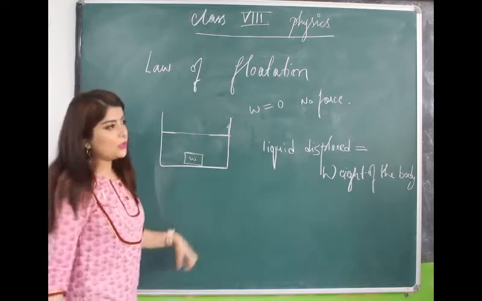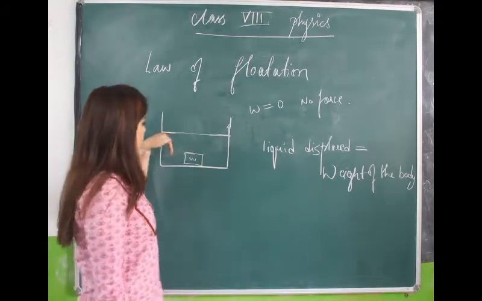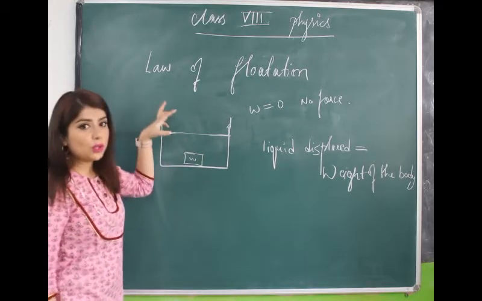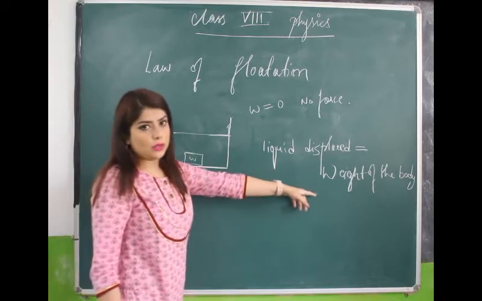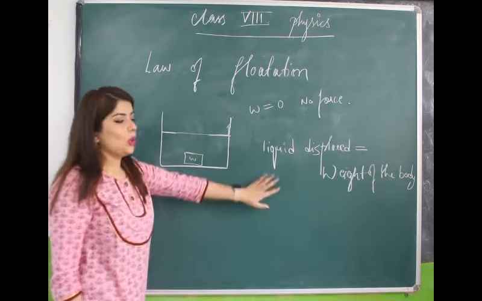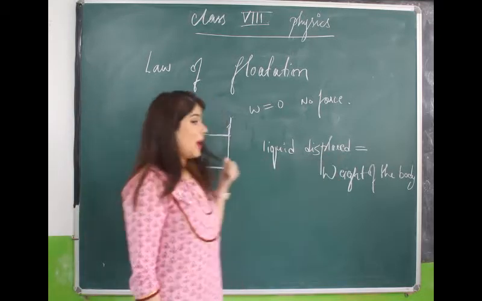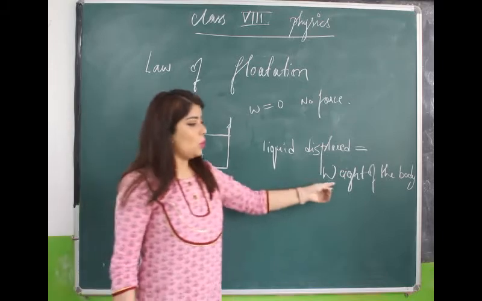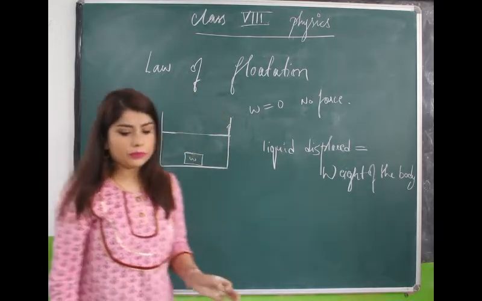Now if the total object goes down, what happens? The level will increase a little more, and more liquid will be displaced. So the liquid displaced is equal to the weight of the object. This is the law of flotation. In simple words, the liquid displaced by the object is equal to the weight of the body.